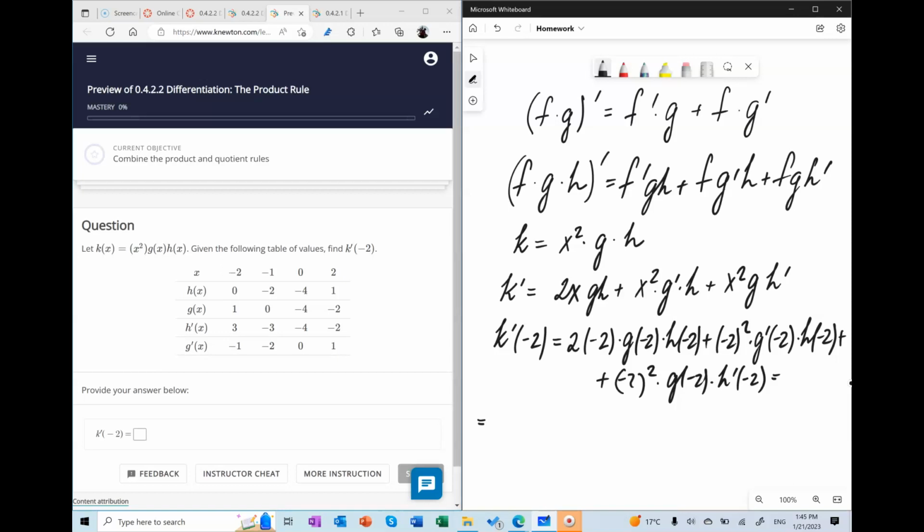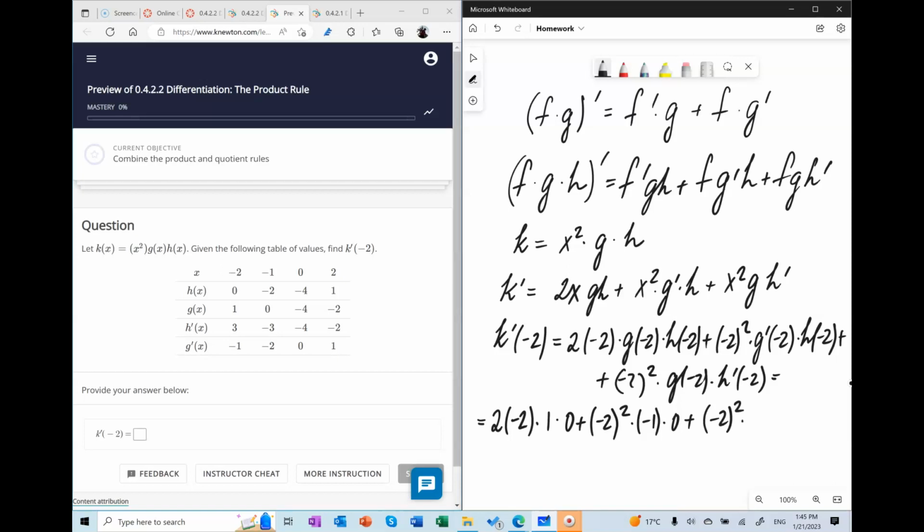So the final expression will be 2 times -2 times g of -2, but g of -2 is 1. H of -2 is 0. Plus -2 squared. G prime of -2 is -1. H of -2 is still 0. Plus we now have -2 squared.